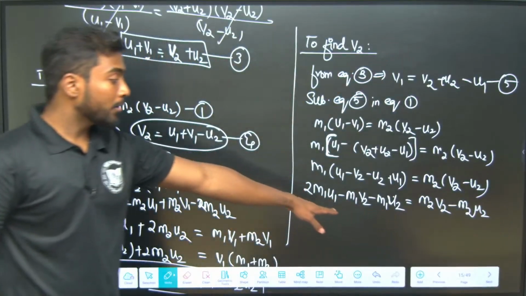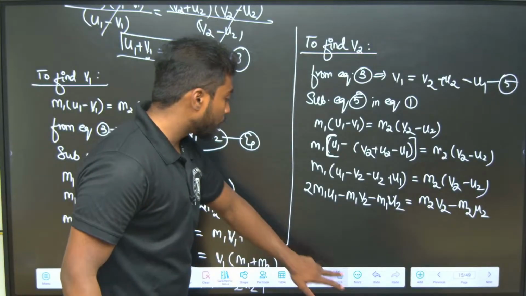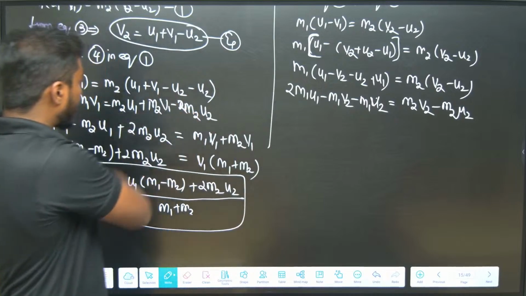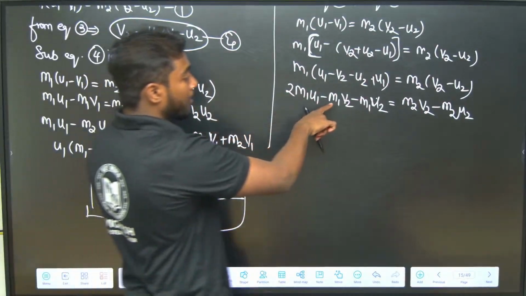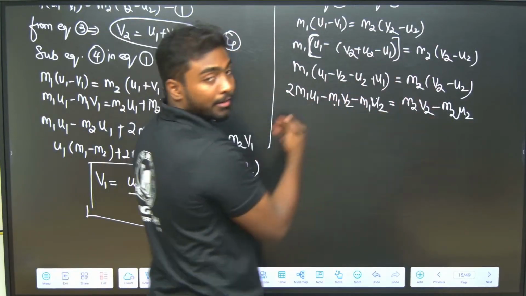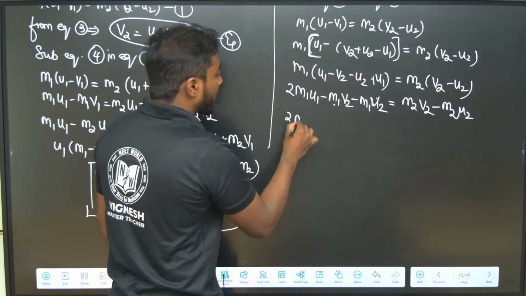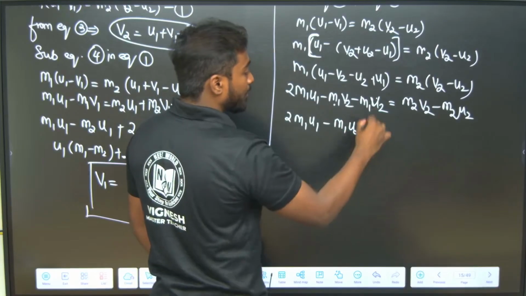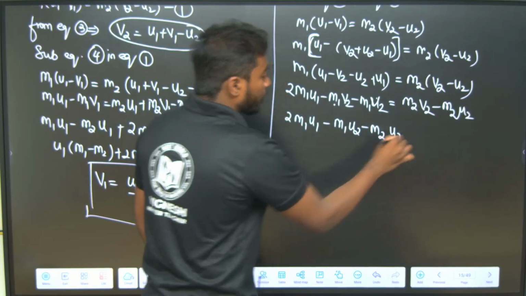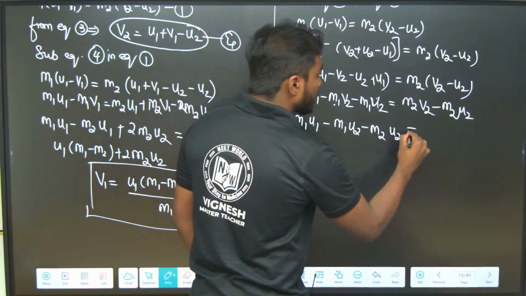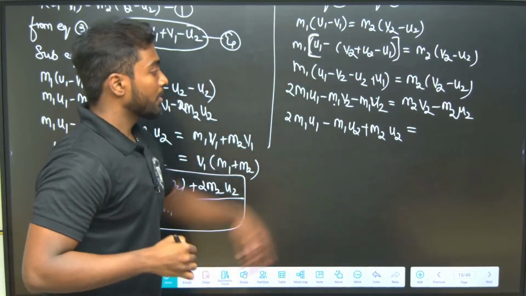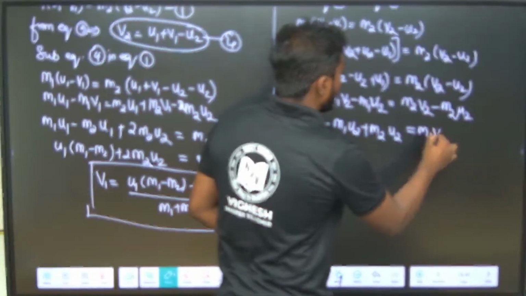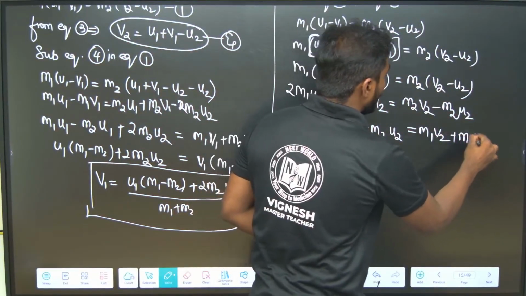I need to find v2, right? Same thing, guys, I need to do whatever I did here. Take v2 on one side, remaining terms on the other side. So 2 m1 u1 minus m1 u2 minus m2 u2, and if it comes to this side it's plus, equals m1 v2 plus m2 v2.